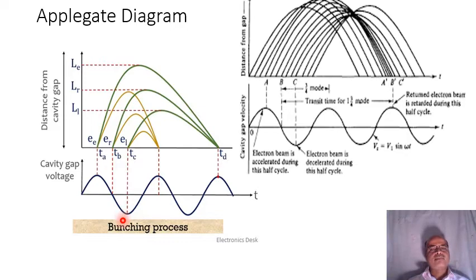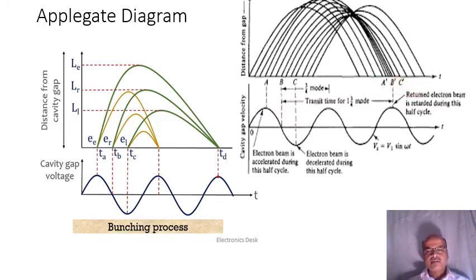So the electron beam is accelerated during this half cycle, meaning velocity increases. For the reference electron there is unchanged velocity, and for the negative half cycle the electron beam is decelerated, that is a decrease in velocity. Due to this variation in velocity, electrons bunch together and the bunching effect occurs.